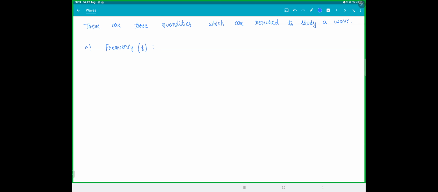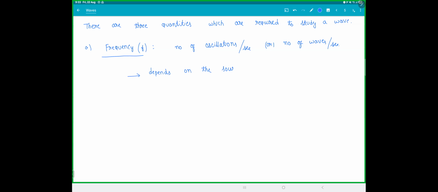The symbol is F. It's the number of oscillations per second, or number of waves per second. This is the same thing that you learned in SHM. So frequency depends on the source and is independent of the medium.